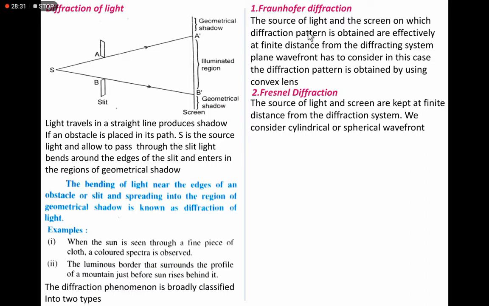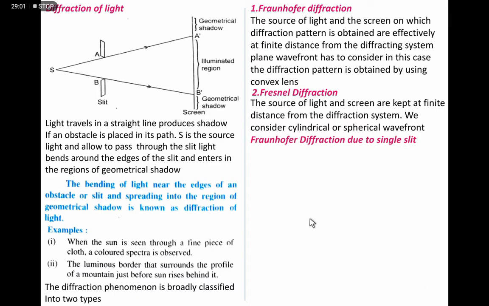In Fraunhofer's diffraction, a plane wavefront has to be considered. In Fraunhofer's, the screen and the source are at infinite distance, and the diffraction pattern is obtained by using the lens between the screen and the source. So these are the two types of diffraction.